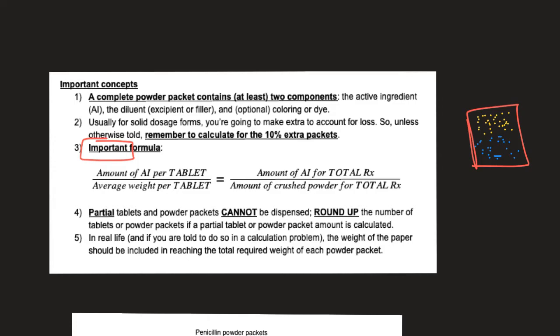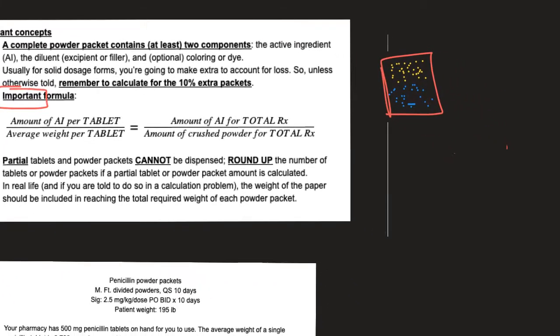So basically, the formula works out. It looks like part divided by part equals whole divided by whole.